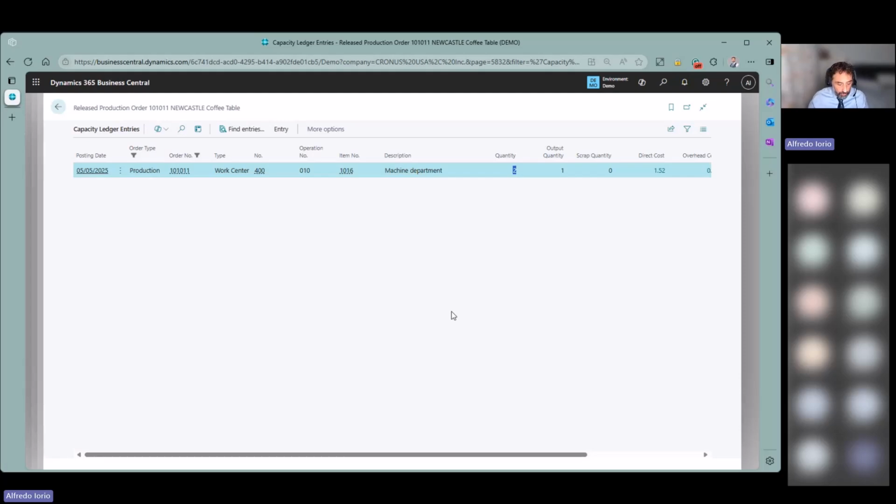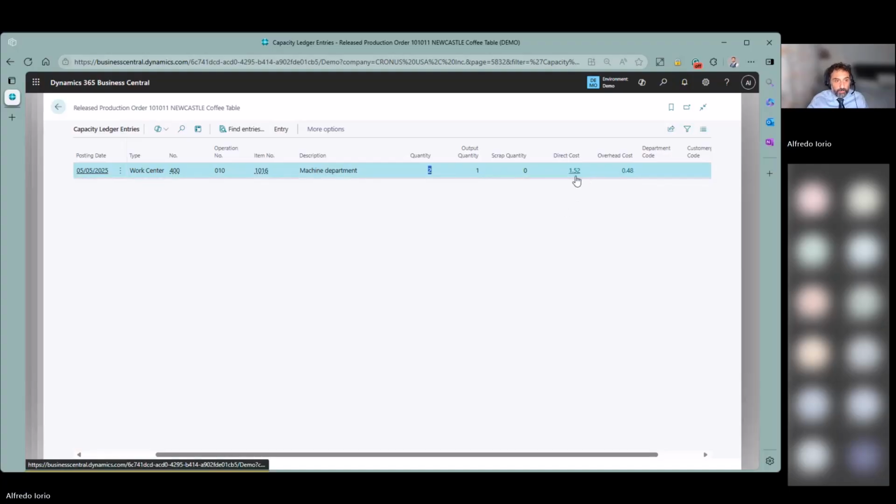It's a variance. It took me longer to complete this order because there was something wrong with the machine. So I had to use 2 hours instead of 1. And as a result, you can see direct cost and overhead now amount to double. It should be $1, it's $2, right?